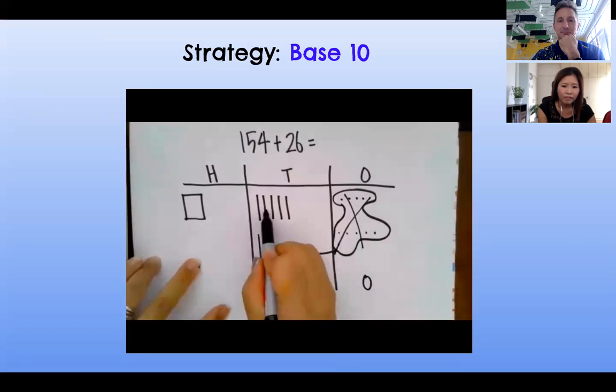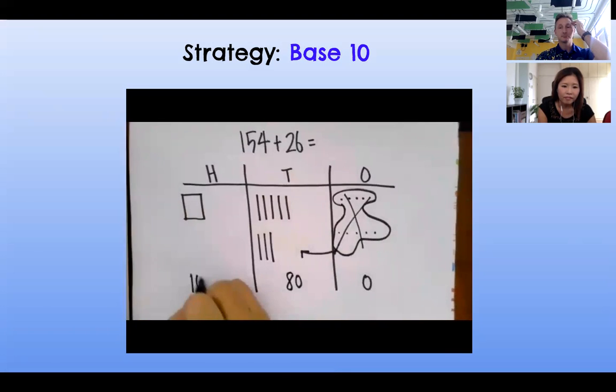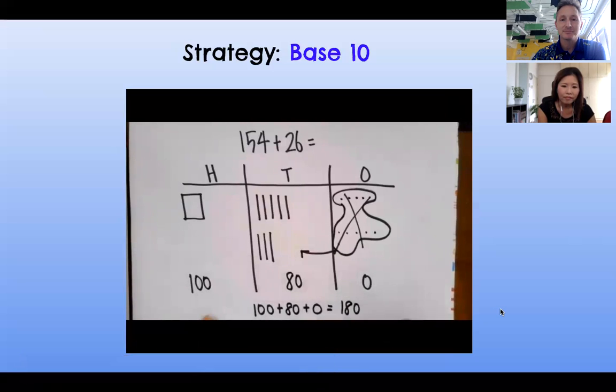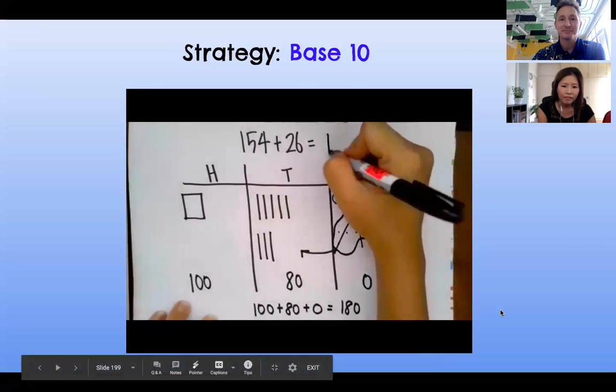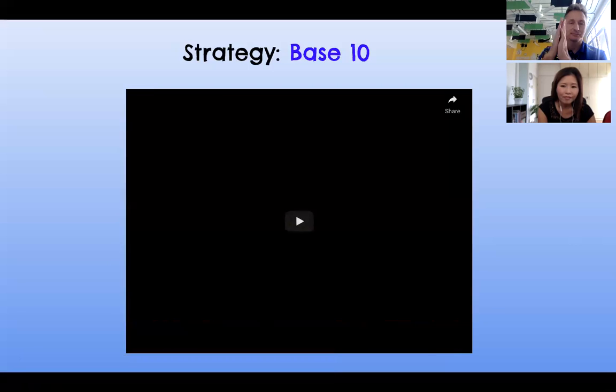For tens, 1, 2, 3, 4, 5, 6, 7, 8. I have 8 tens. That's 80. And I have 100. So that's 100. Now I can add these together. 100 plus 80 plus 0 equals 180. So the total, the sum is 180.